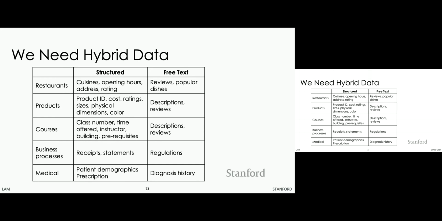Good question. So now let's talk about hybrid data. For almost everything that we do, there is some free text associated with it. For example, if you take something simple like restaurants. Oh, this is a very funny example. We did this work and we got it working with the databases. And I ran into my colleague and I said, try my restaurant chatbot.